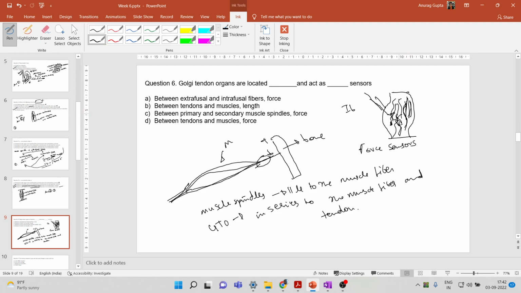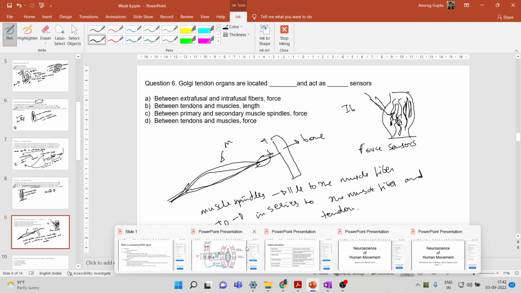Once they straighten out, the sensory endings intertwined between them get pressed, squished in between, and then they start generating action potentials, which are sent to the central nervous system.